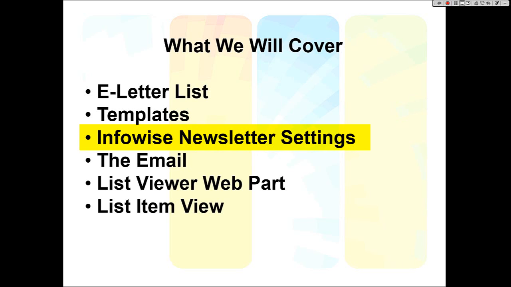Those are actually done by a third-party application that we've inserted into SharePoint as a setting, and we'll explore that. We'll look at the email and the viewer web part and the list item view. The last three are kind of our outputs to this thing. The first three are our input.